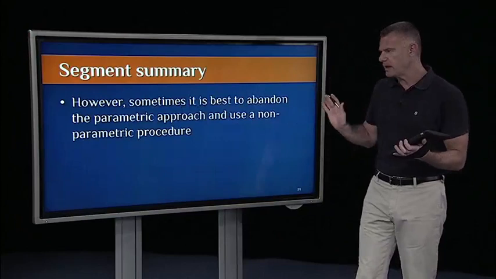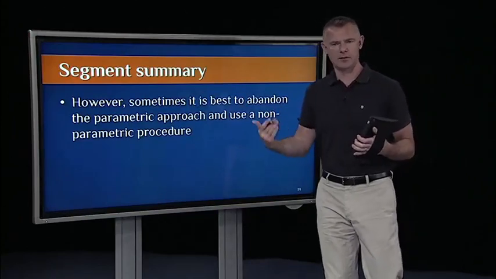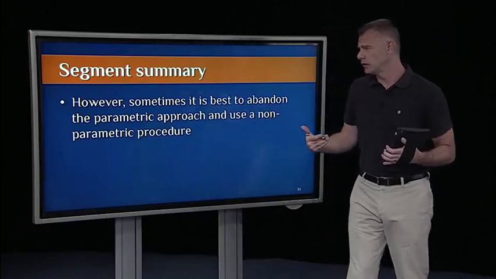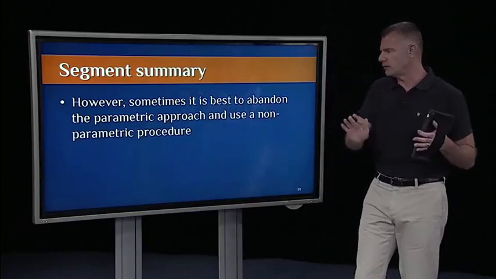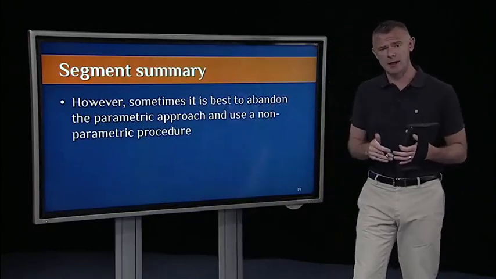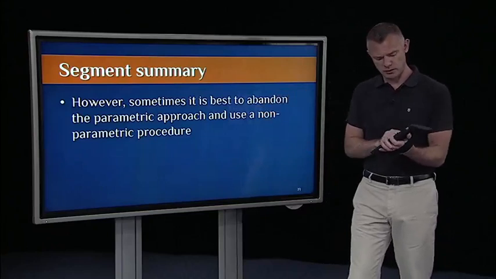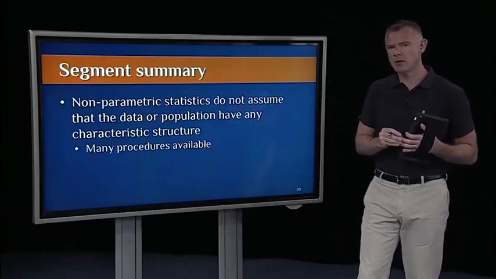But in some cases, it's just impossible to overcome the violations of assumptions that you may incur. So when you do, my advice, and a statistician's advice, would be to just abandon this procedure altogether and adopt a non-parametric procedure. And many non-parametric procedures are available.